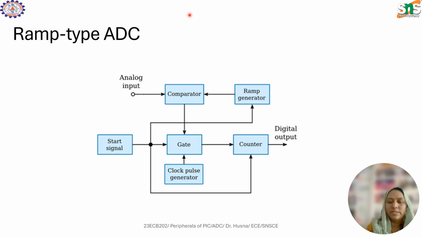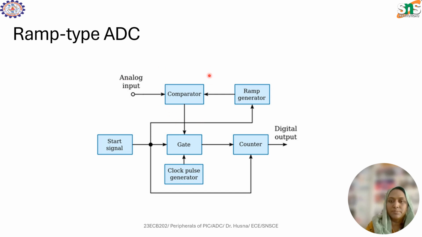As long as the analog input and the ramp generator output differ in magnitude, the comparator generates a signal.